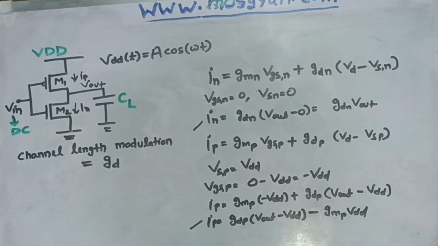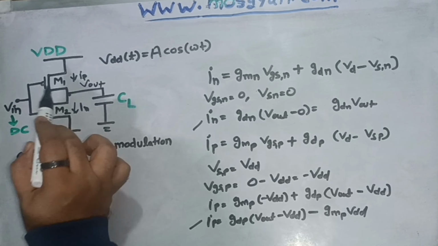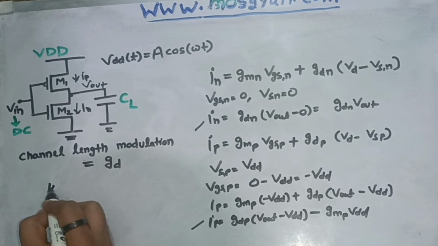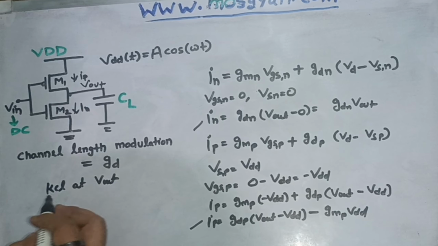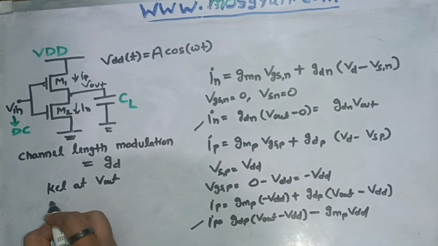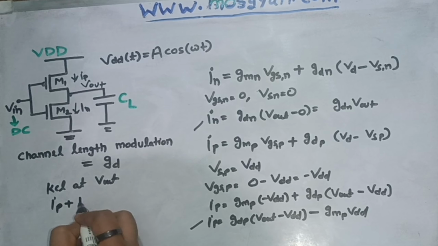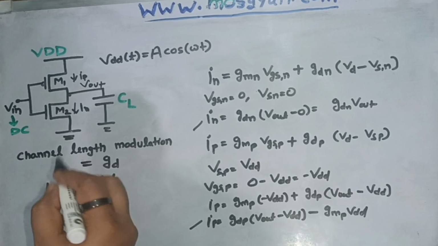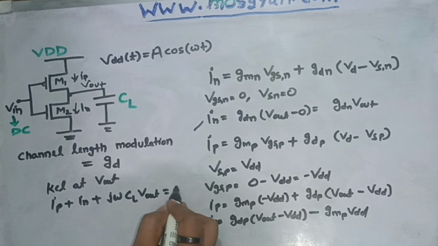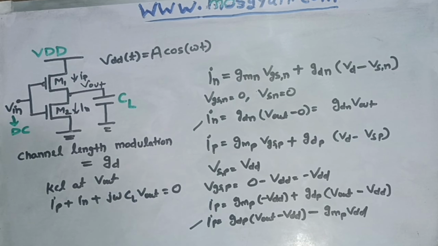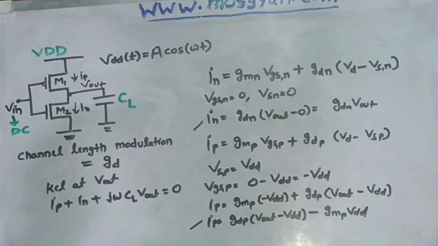Now if we apply KCL at this output node, V out, we get IP plus IN plus the current going into the load capacitance, which we can represent by j omega CL into V out, and this becomes equal to 0. Now we know the value of each parameter we have calculated, so we can substitute.